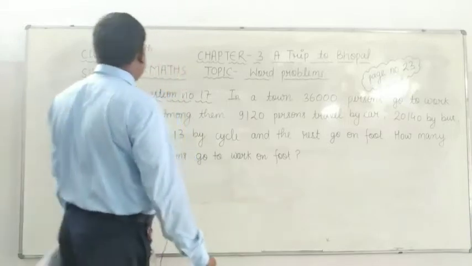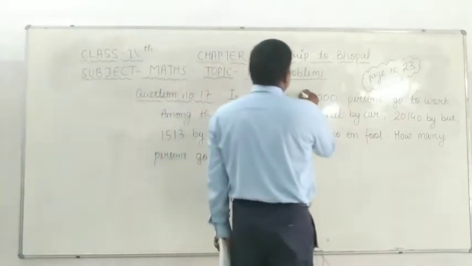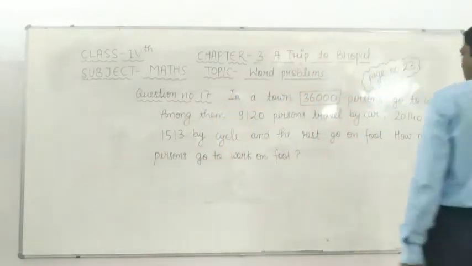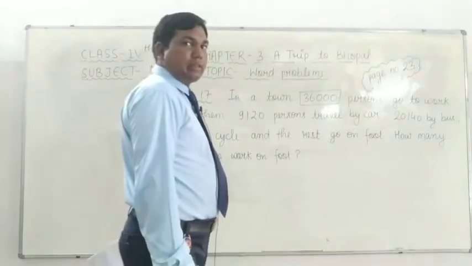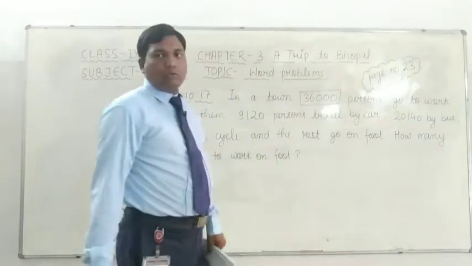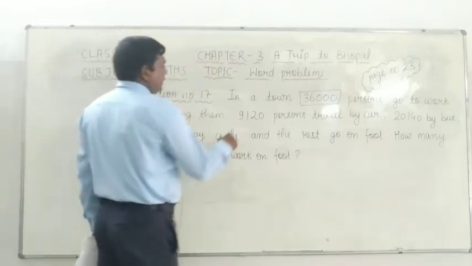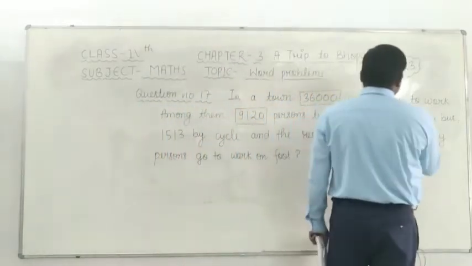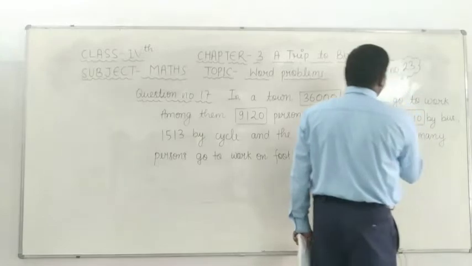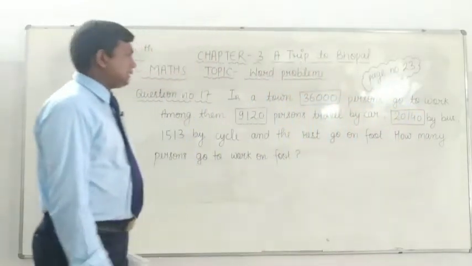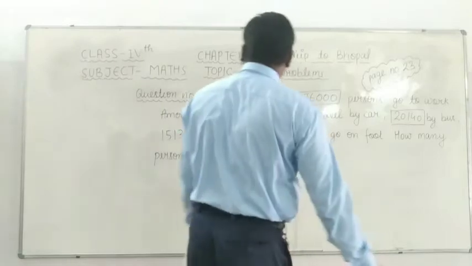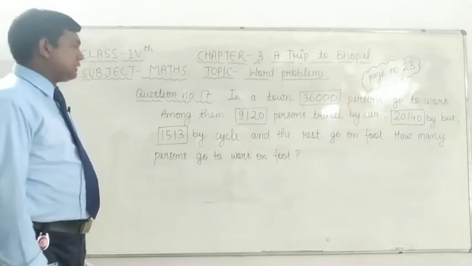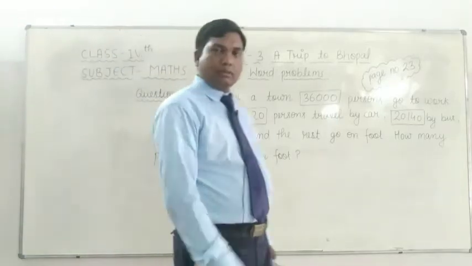Okay, in this question it is given that in a town 36,000 persons go to work. Among them, 9,120 persons travel by car, 20,140 persons travel by bus, 1,513 travel by cycle, and the rest go on foot.